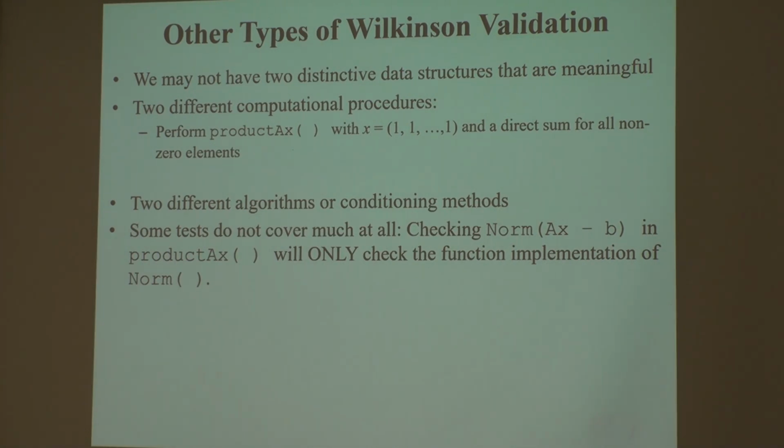Run the same algorithm in single precision and in double precision, and compare the two. If the answers are the same, my matrix is well conditioned. If they are different, you probably have to check double against quad.